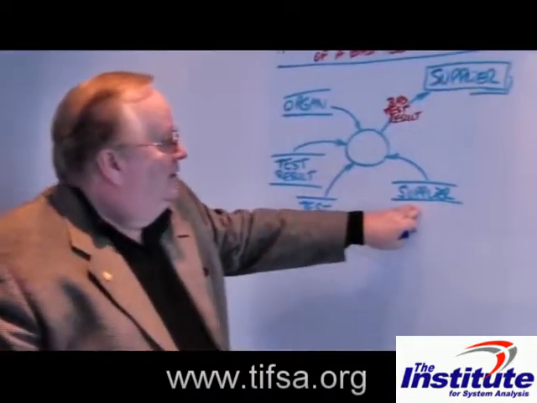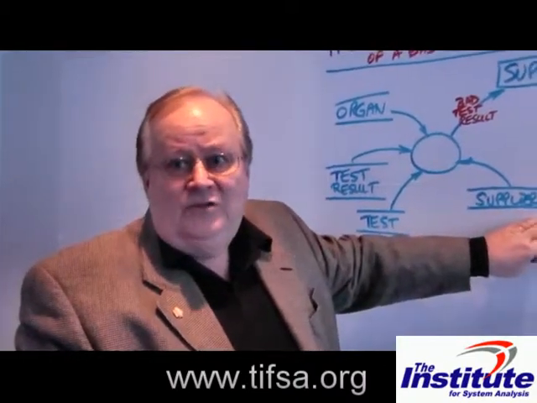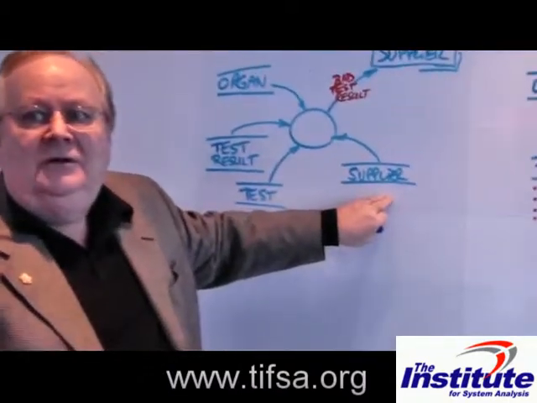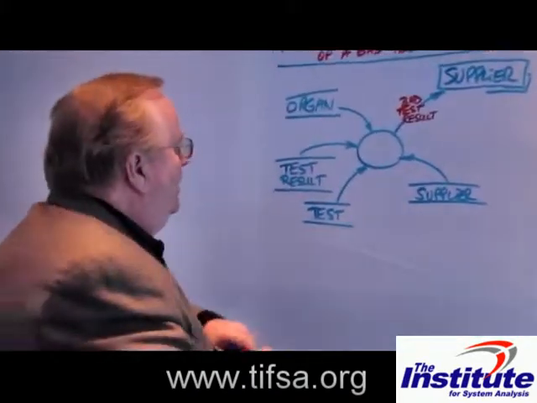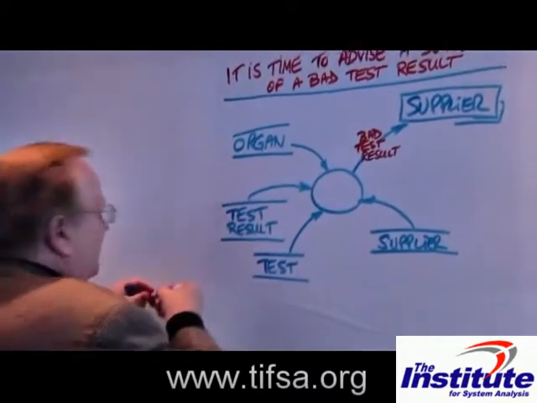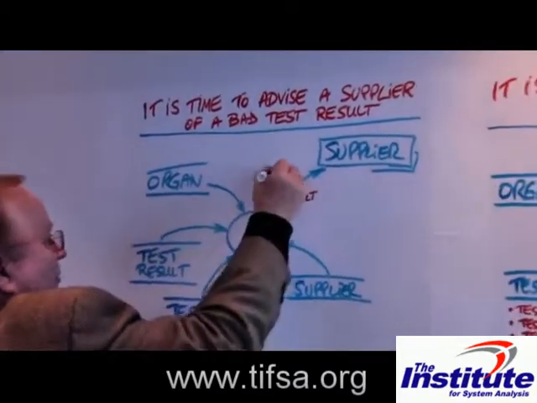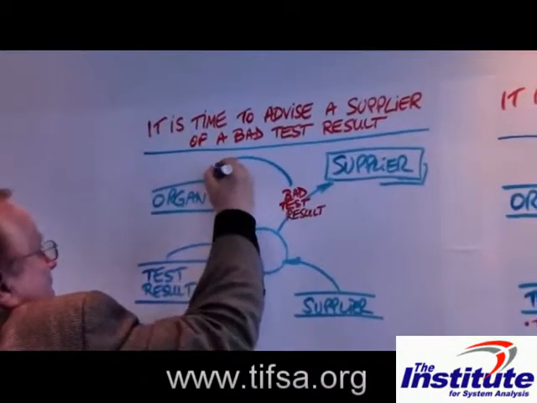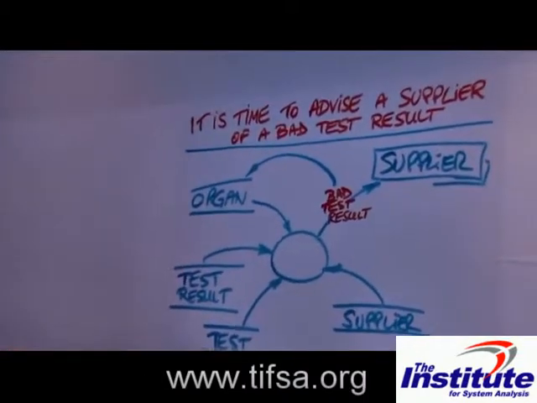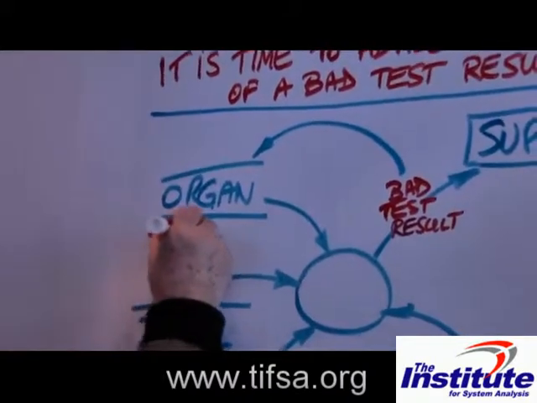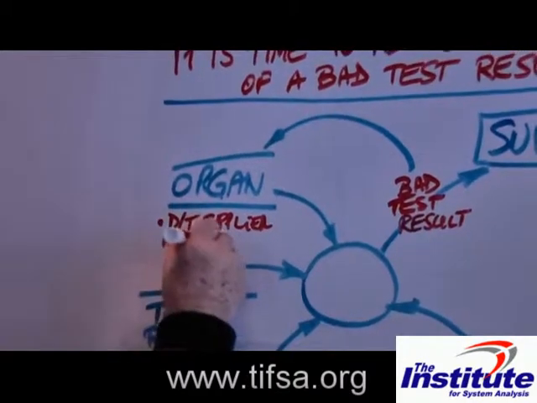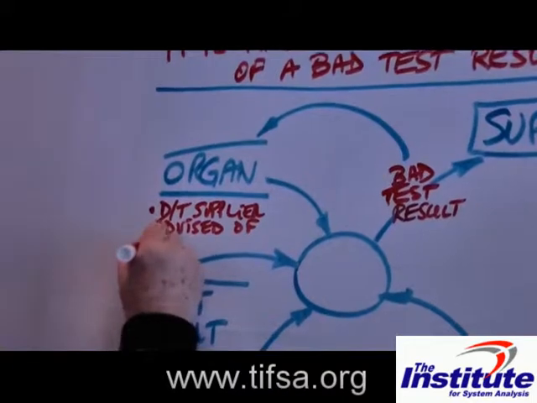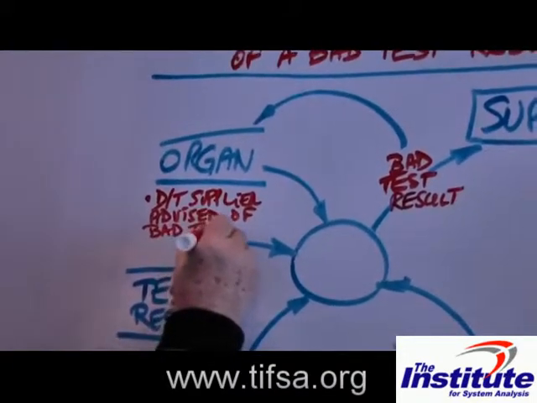Well, if we make it part of supplier, then we're saying date and time supplier advised of bad test result. So it'll say September the 12th, but we don't know anything about it in terms of connecting it to an organ. So I think we're going to connect it to, and here I'm going to create a divergent data flow like that, and I'm going to add a data attribute for date and time supplier advised of bad test result.